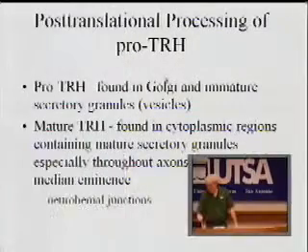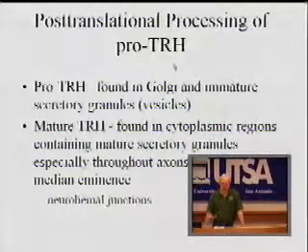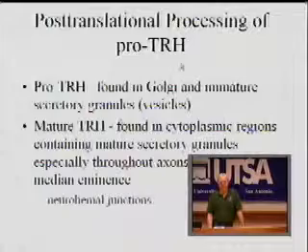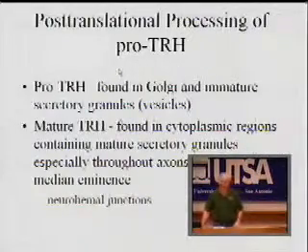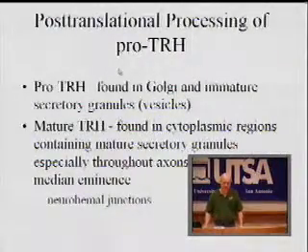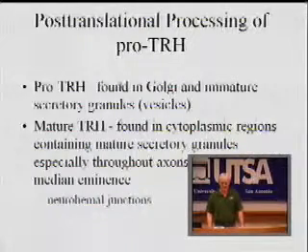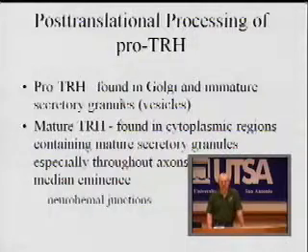Next then, of course, the post-translational processing of pro-TRH. We already talked about the signal sequence being cleaved on the nascent peptide or protein as it is first synthesized and translocated into the endoplasmic reticulum lumen, or the cisterna of the endoplasmic reticulum.